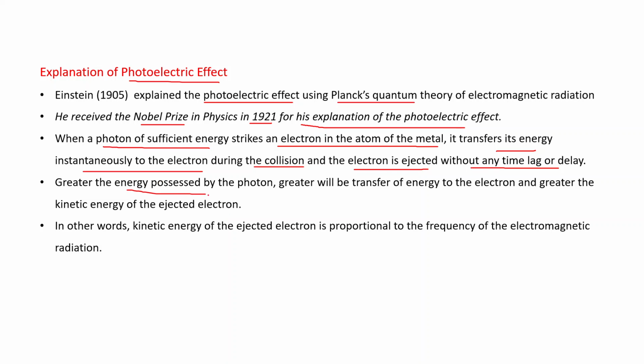The greater the energy possessed by the photon, the greater will be the transfer of energy to the electron, and the greater the kinetic energy of the ejected electron. In other words, kinetic energy of the ejected electron is proportional to the frequency of the electromagnetic radiation.